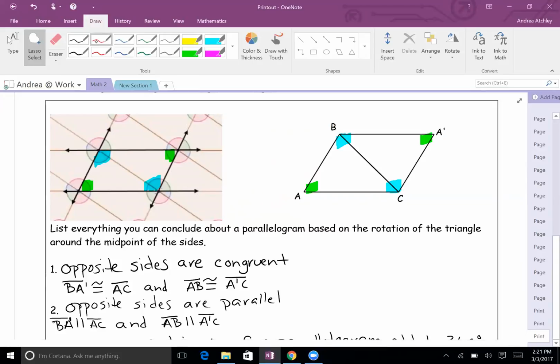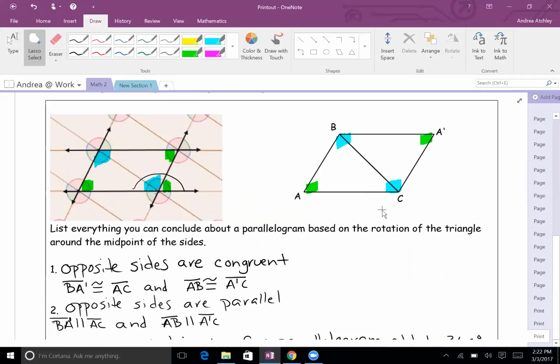Okay, we look back here. We notice that this is a green angle, right? These green angles are the same. So what do I know about this? Equals 180. So A and A prime are supplementary. They add to 180.